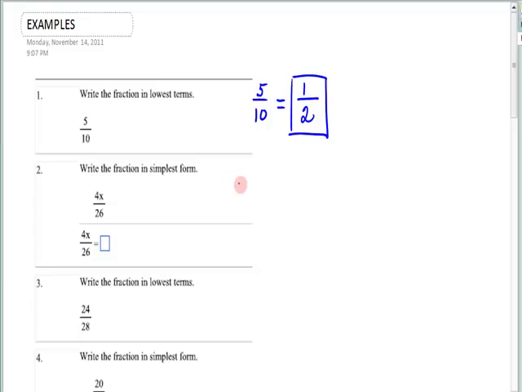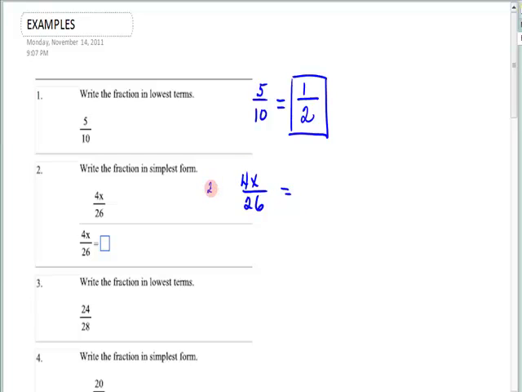Number 2, I have 4x over 26. Does the variable x make this a lot harder? The answer is actually no, it does not. Let's take a look at the numbers first. Can you think of something that will go into both 4 and 26? Well, since they're both even, 2 will.